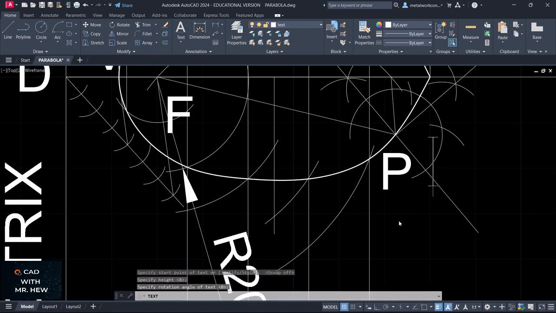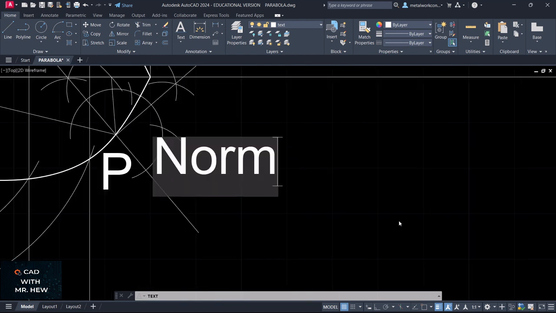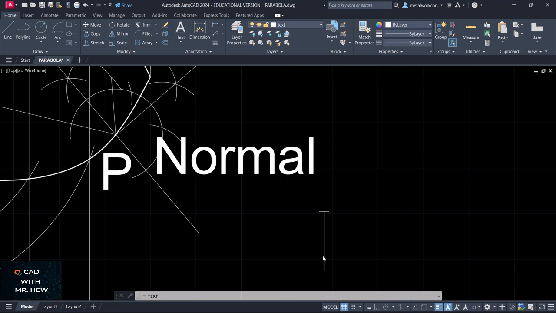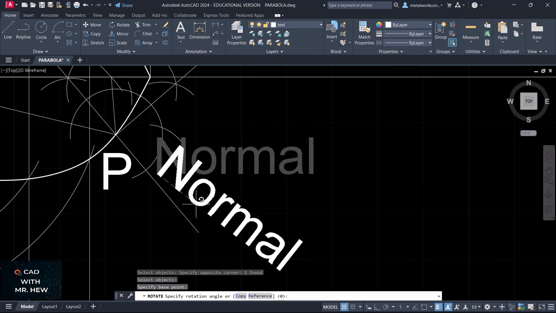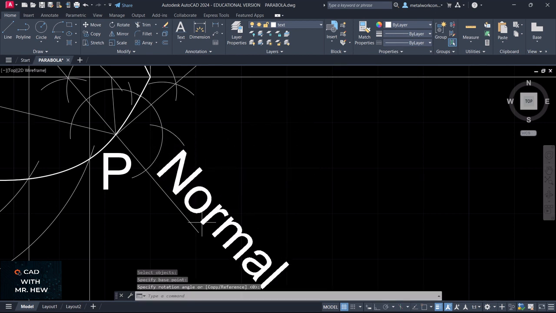This line is a normal. Or we can rotate it if we want. Enter. The base point would be right here. And this is a normal.